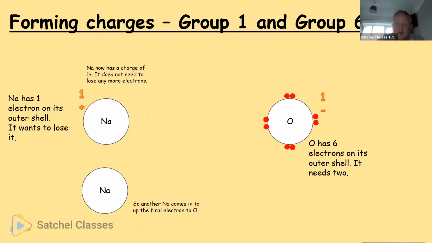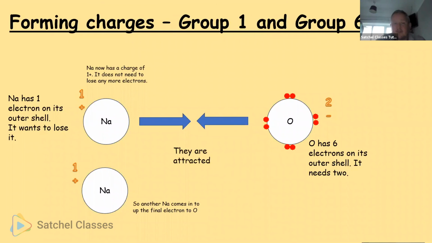Both those sodium ions now are quite happy with a charge of +1 and a full outer shell underneath. And now the oxygen ion is quite happy because it has filled its outer shell. It just took 2 things to give up the electrons for it to get full. Again, the 2 negative charge from the oxygen is attracted to the 2 1+ charges from the sodium, and this forms a stable ionic bond between them.